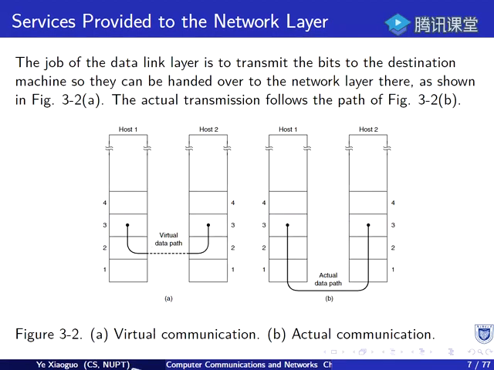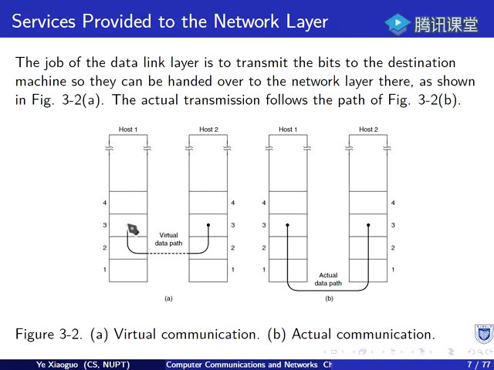Now this figure 2 illustrates the virtual communication and the actual communication view. The function of the data link layer is to transmit the bits to the destination machine, so they can be handed over to the network layer.